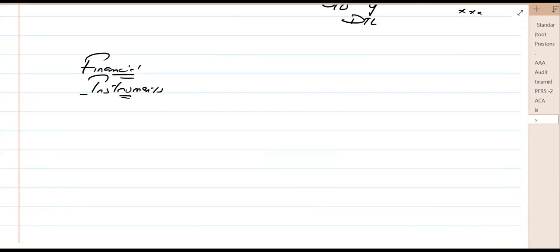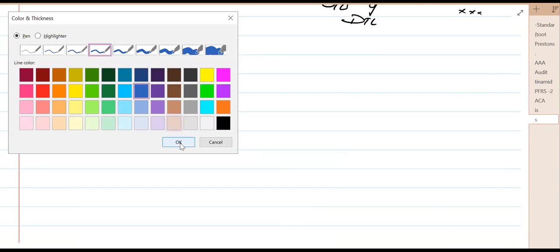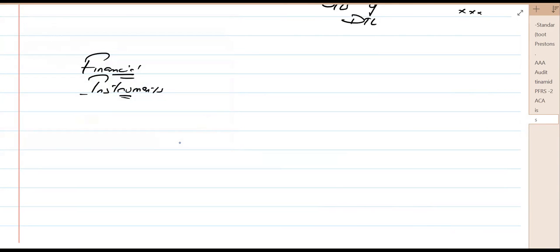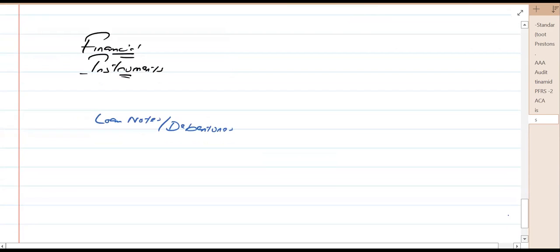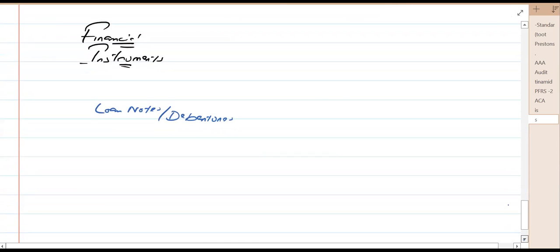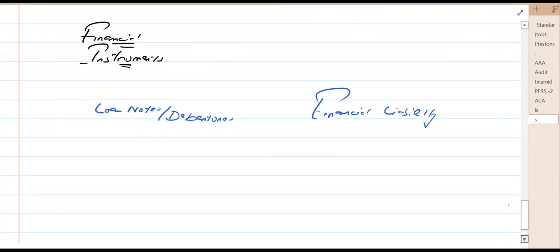Okay, so within the financial instruments, the things we regularly see within an exam question are the loan notes or debentures, which are recorded as the financial liability at amortized cost.